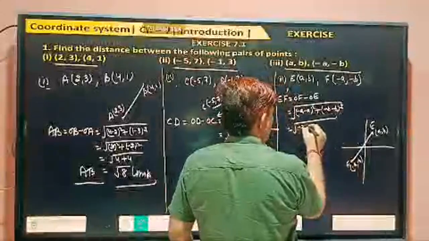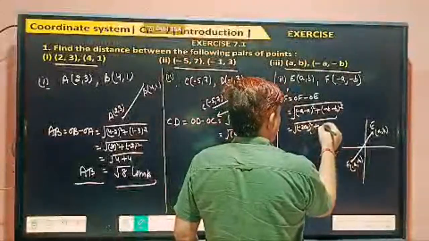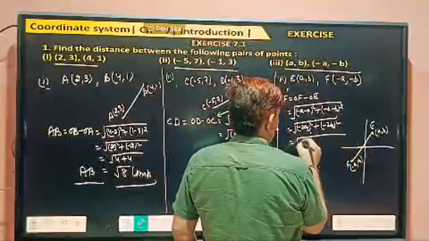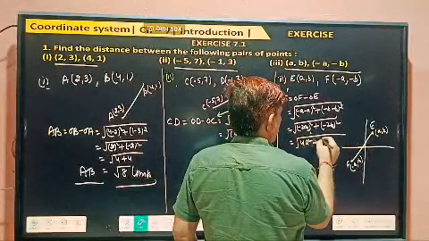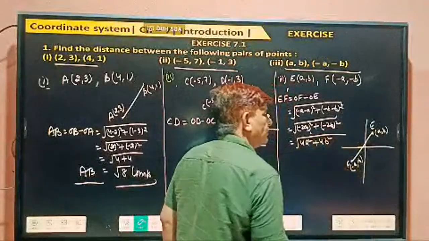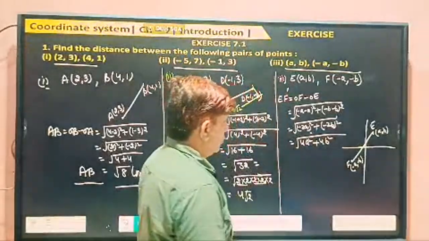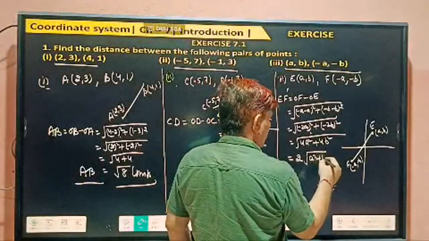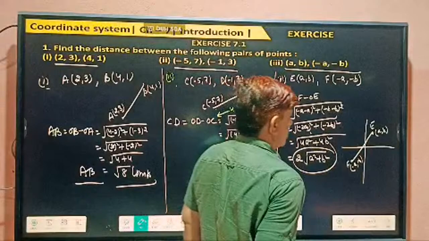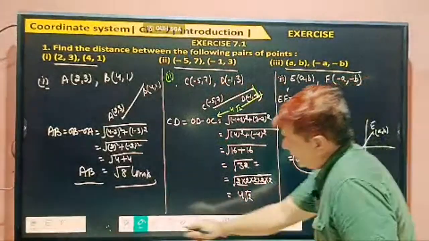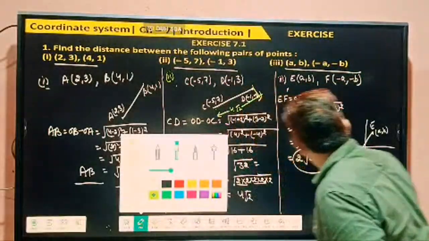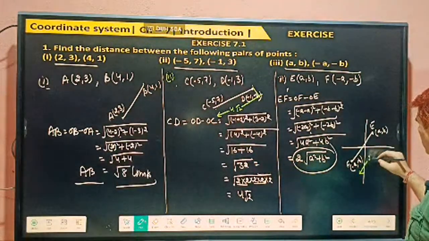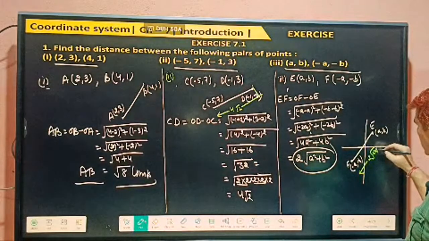Minus a minus 2a whole square plus minus 2b whole square. So what is this? 4a square plus 4b square. Understood? 2 coming outside, so this is 2 under the root a square plus b square. So the distance EF is 2 under the root a square plus b square.